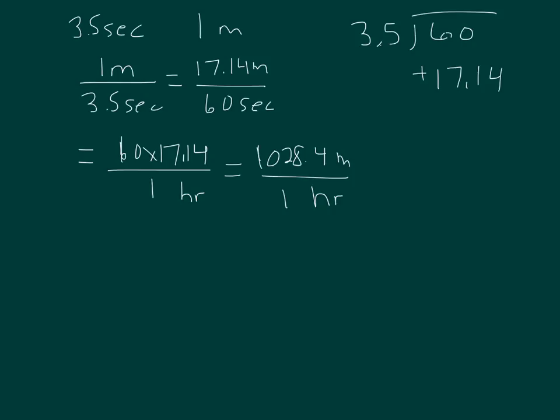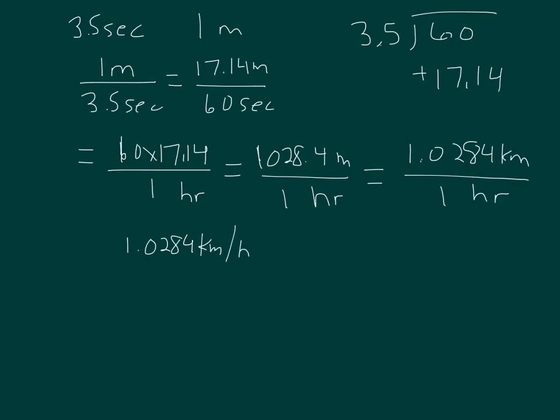Okay, we're almost there. So now we want to put it in kilometers an hour, and that's an easy one because we're just going to divide the top number by 1,000 to change from meters to kilometers. And so we have a ratio of 1.0284 kilometers over 1 hour, or 1.0284 kilometers per hour.